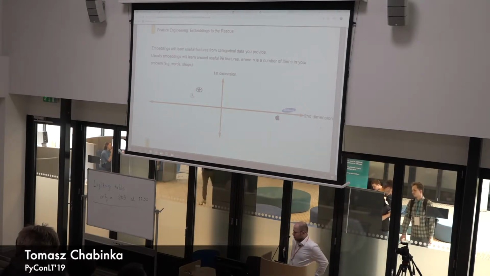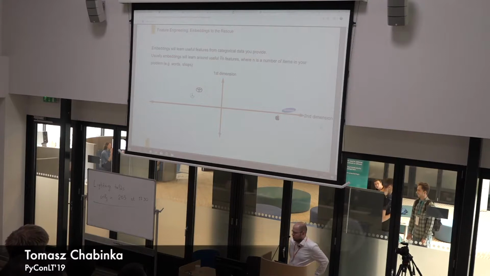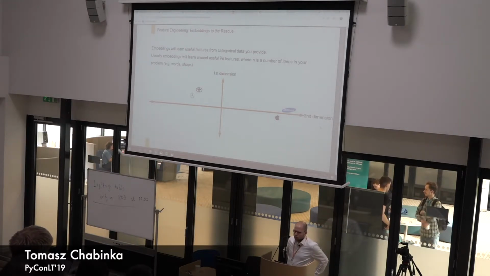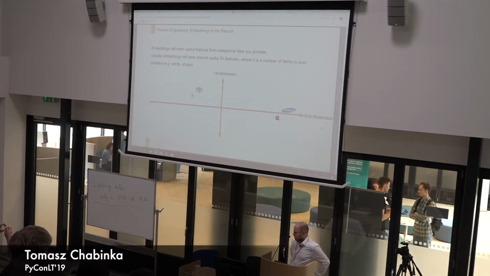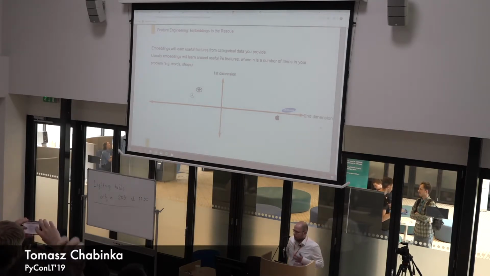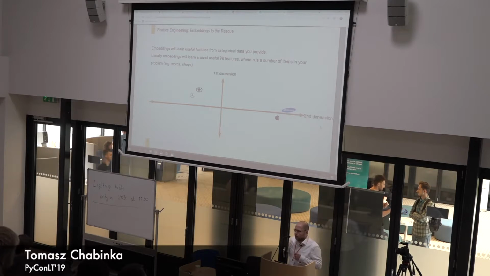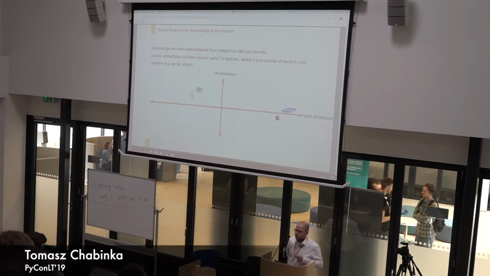To do that, you give them categorical data, you show the algorithm how to measure the similarity of things, and then the embeddings learn how to represent your items in lower dimensional data in a way that similar things are similar to each other.